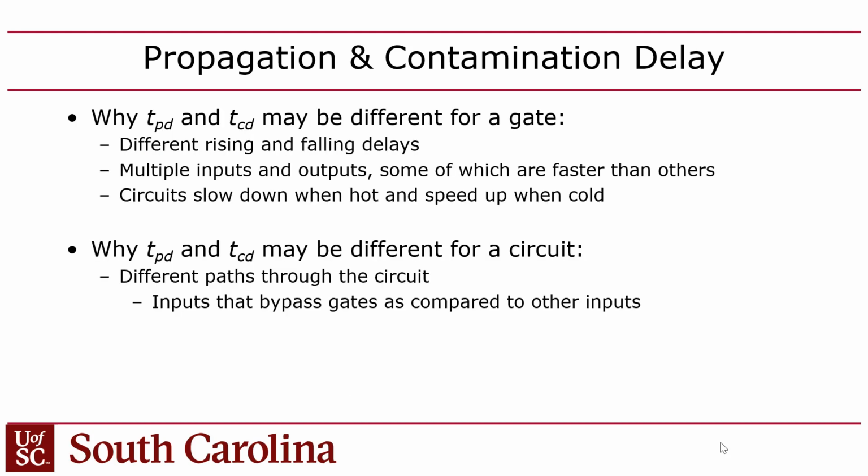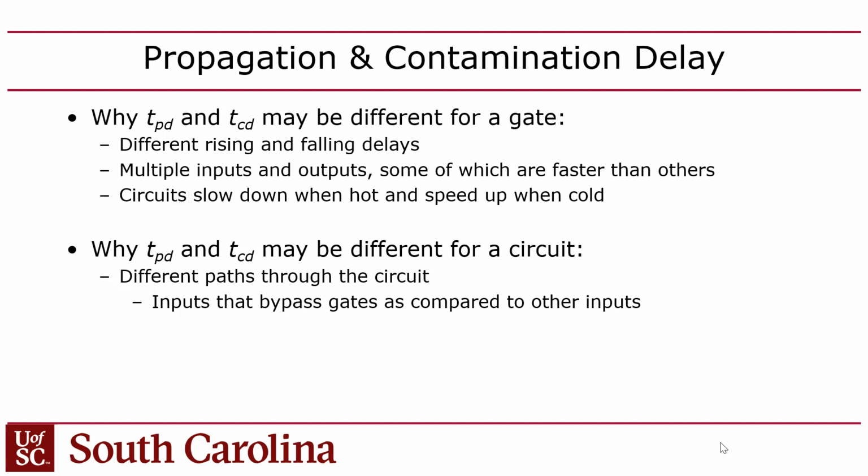So now the contamination delay and the propagation delay are different, and there's a different reason why they're different for a single gate versus multiple gates in a logic circuit. For a single gate, you have multiple transistors, right? And you have, in an ASIC anyway, in an FPGA it's a lot, but you have different lengths of wire inside the gate, right?